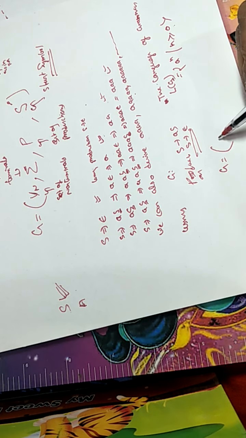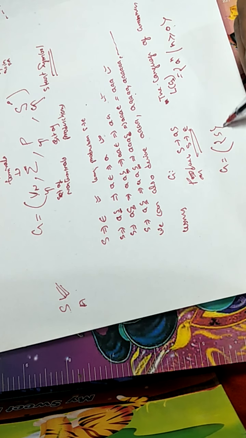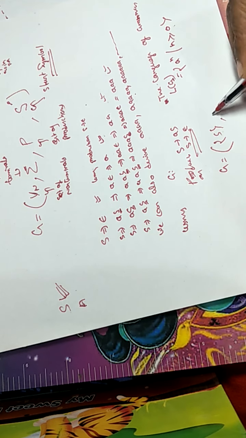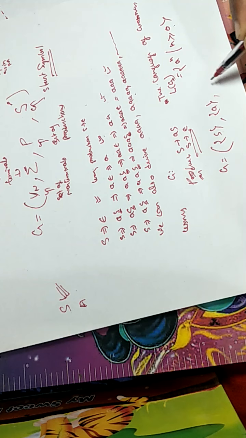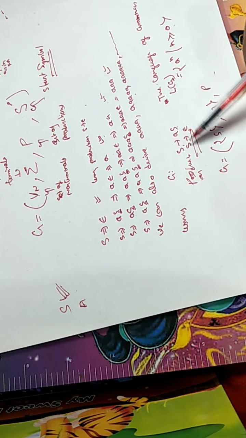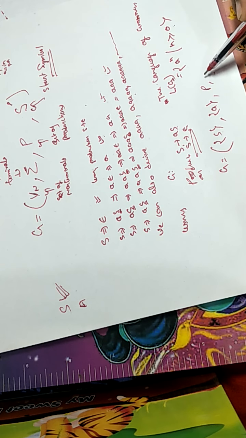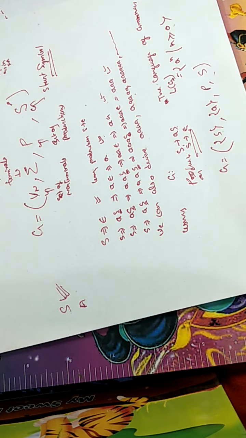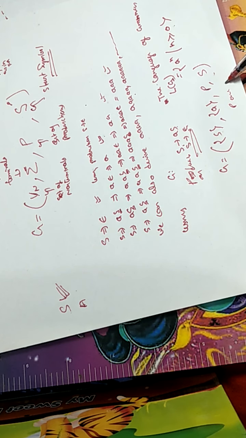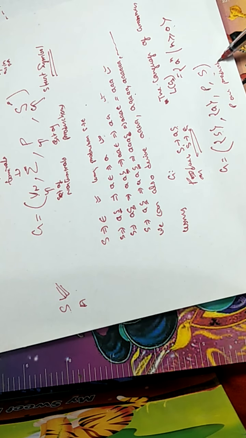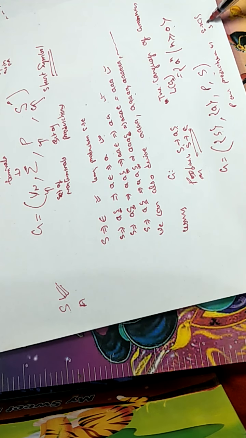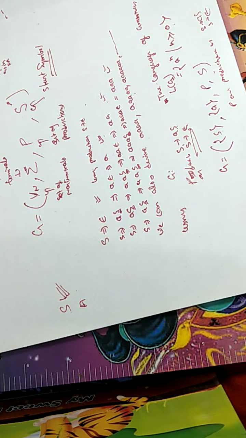Here we have non-terminal S, terminal a, set of productions P, where P is S tends to aS, S tends to epsilon, and we have start symbol S. The productions are S tends to aS, S tends to epsilon. Okay.